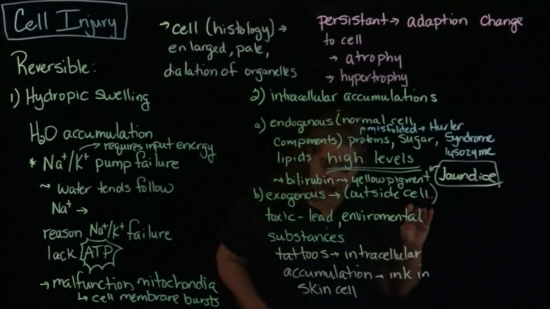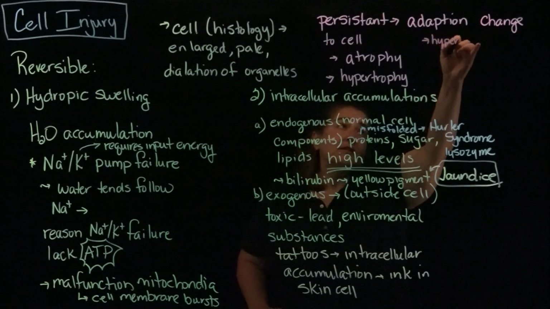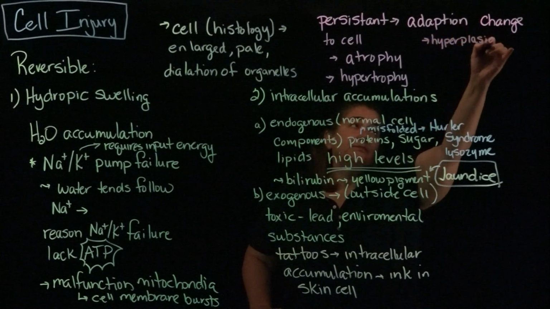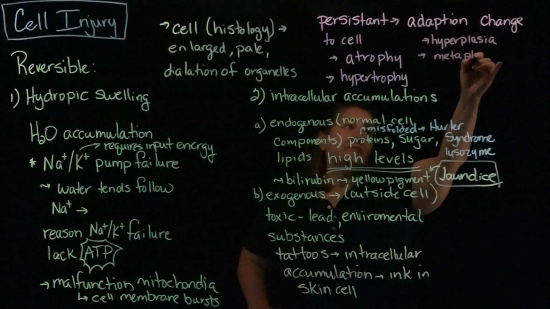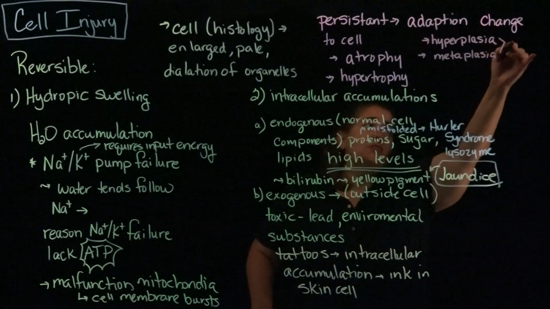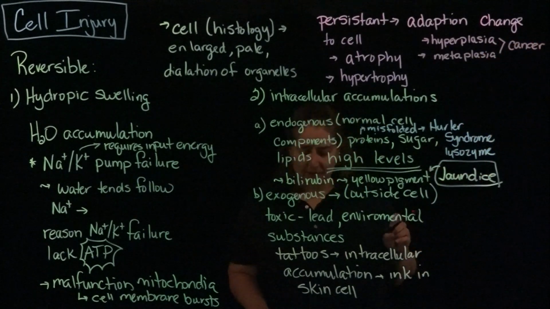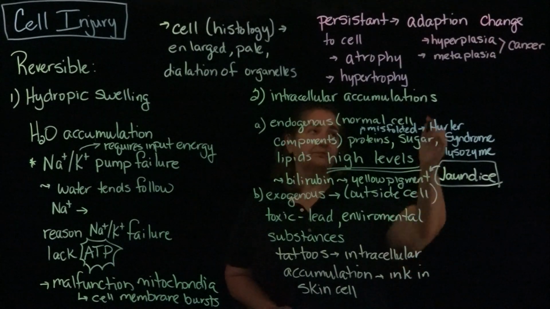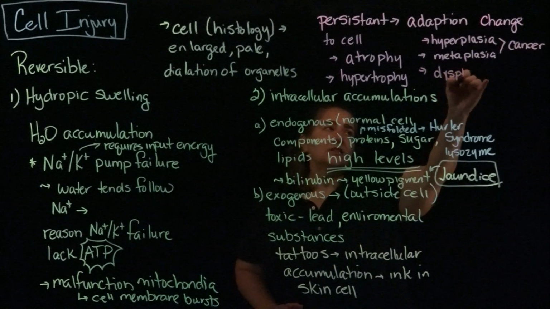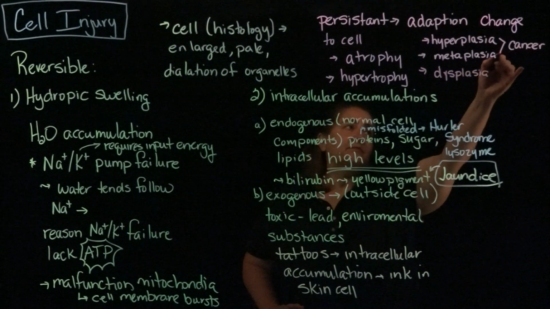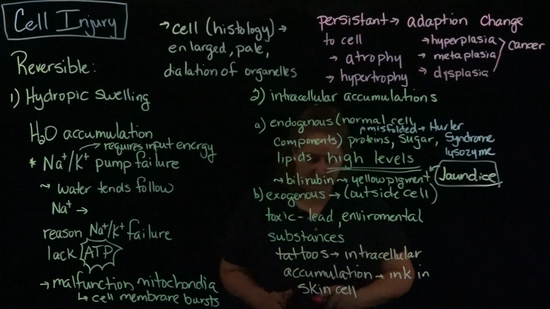Okay, you can also have hyperplasia or metaplasia. Now, this type of change tends to be associated with cancer. Cancer is another topic we will get to this term. I should also put in here dysplasia. Also tends to be associated with cancers, okay?